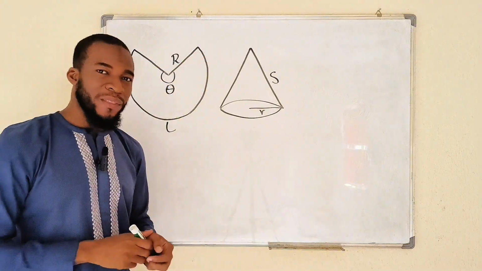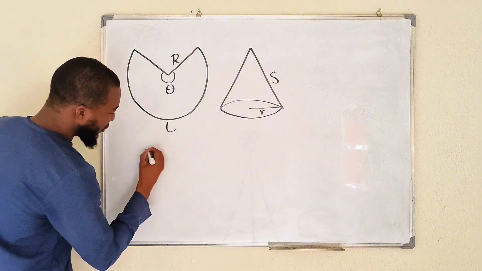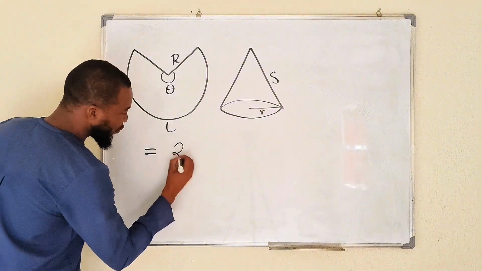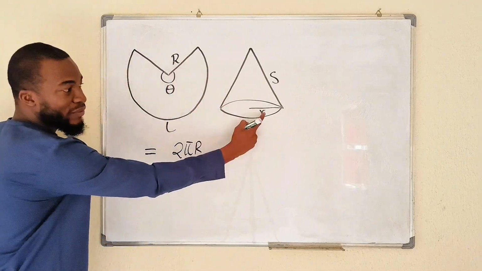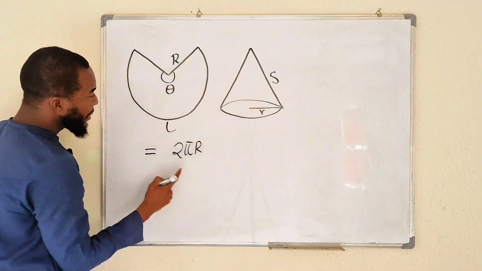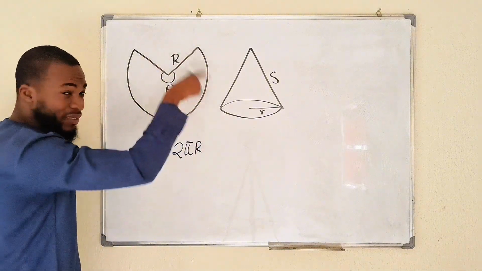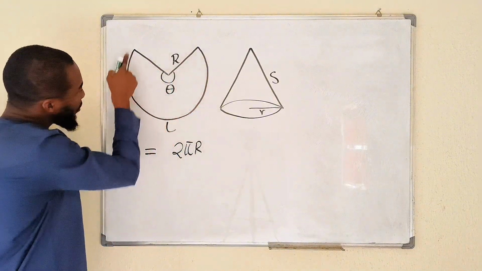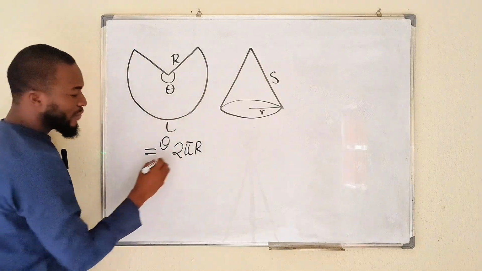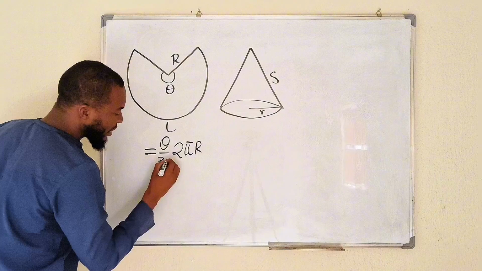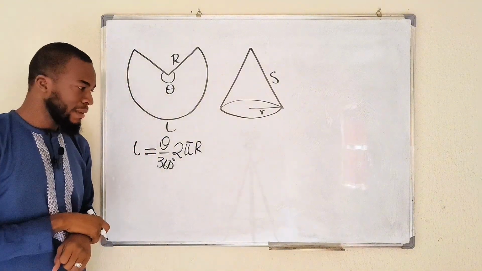Then we multiply by that 2 pi r. So it is equal to 2 pi R. I'm going to use capital letter R here because I have used small letter r here. This is the perimeter of a circle, or let me say circumference. But since we are talking about a portion, we have to take that angle subtended by that sector divided by 360 degrees. So this is L.